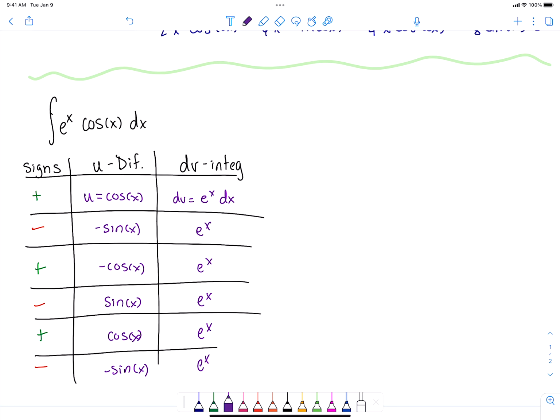But what happens is that neither column ends up giving us 0, so we have no place to stop. We would just keep going with this forever and ever. So this is where we're stuck back at going, okay, we've got to use our integration by parts. And this is also one that ends up giving us that sort of recursive definition.